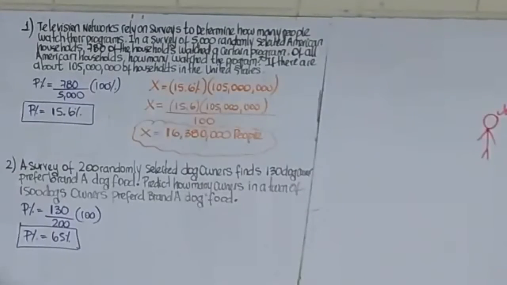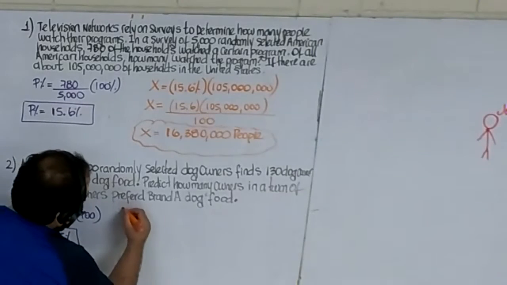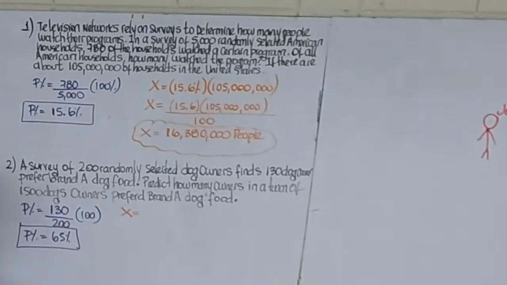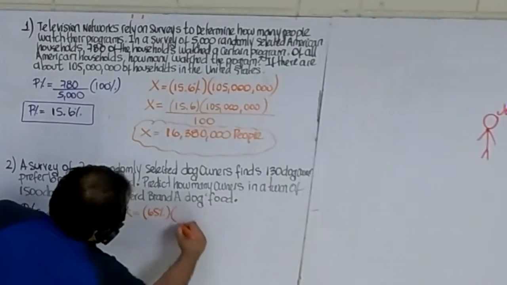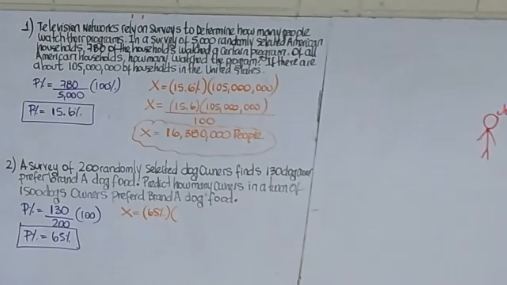Now we're going to translate this percentage into how many dog owners love brand A. So once again, the letter X will be equal to 65% multiplied by the entire population of dog owners.